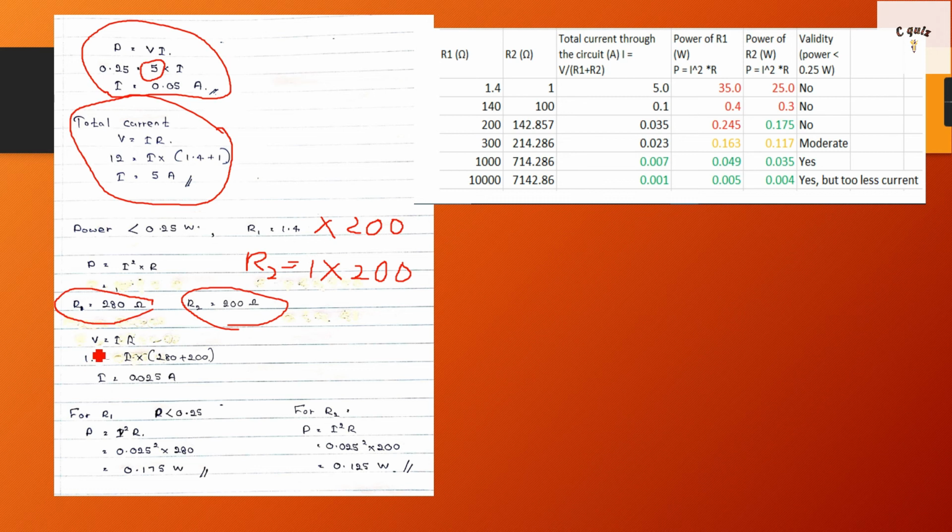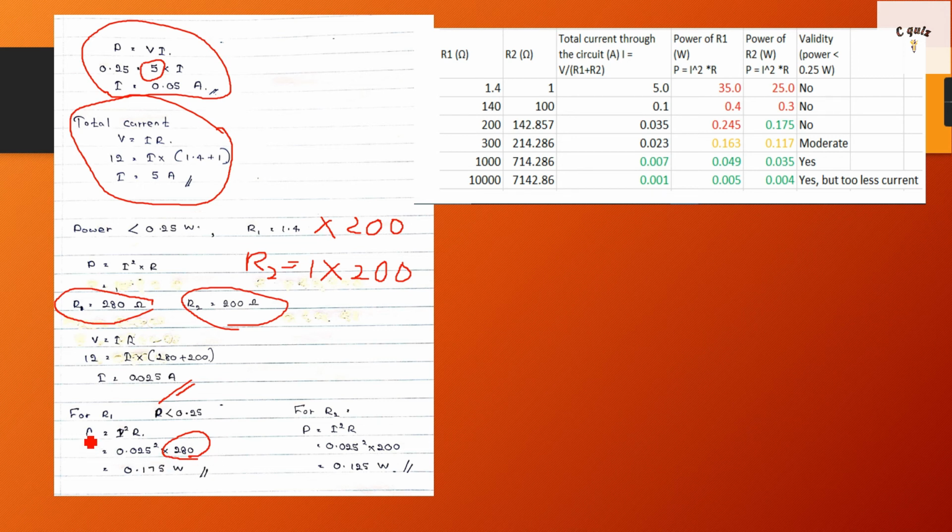After we substitute these values into the equation, we can get the current, which is equal to 0.025 ampere. After that we need to substitute again into P equals I squared R in order to find the R1 value. Here the R1 value is equal to 280.